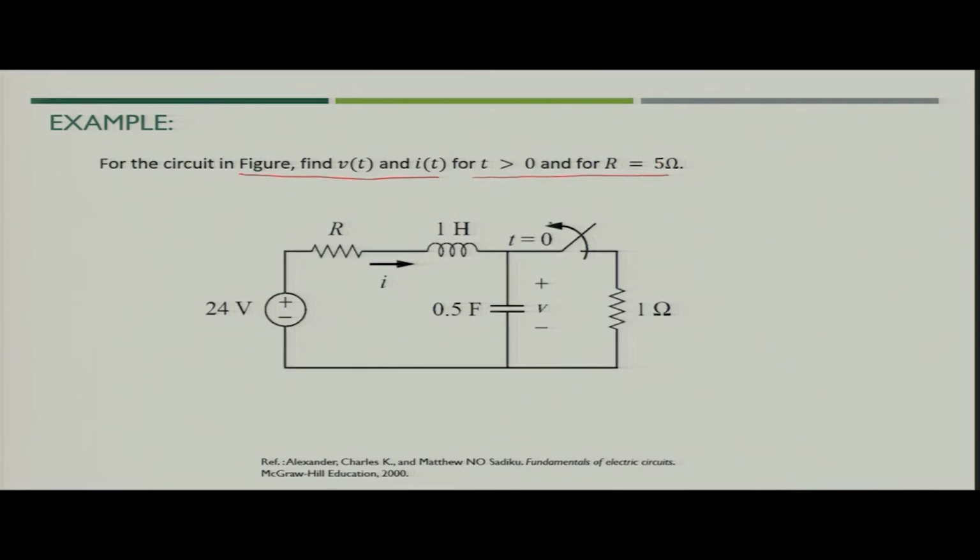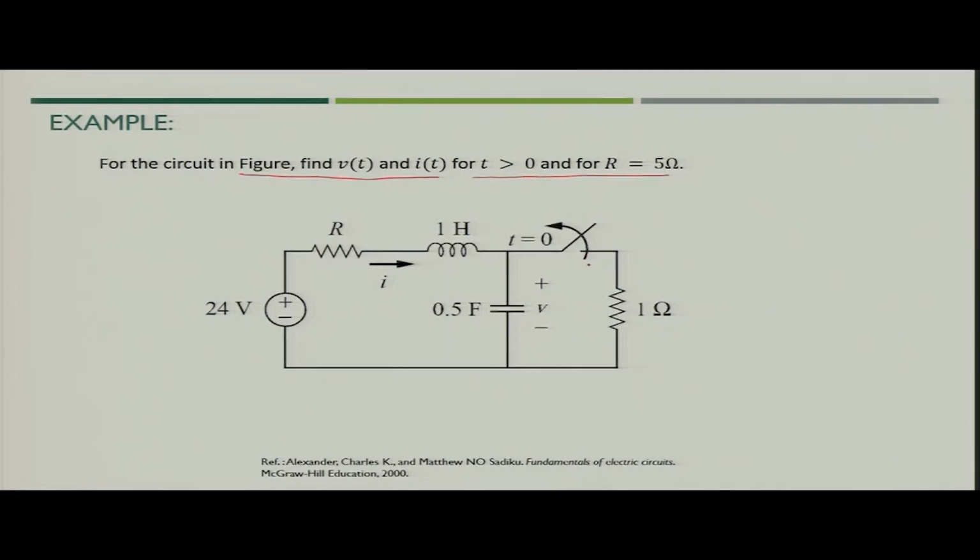The switch is initially closed, and when it is opened, the circuit is converted into a series RLC circuit. Now let us find the value of current i at any time t and the value of voltage at any time t.